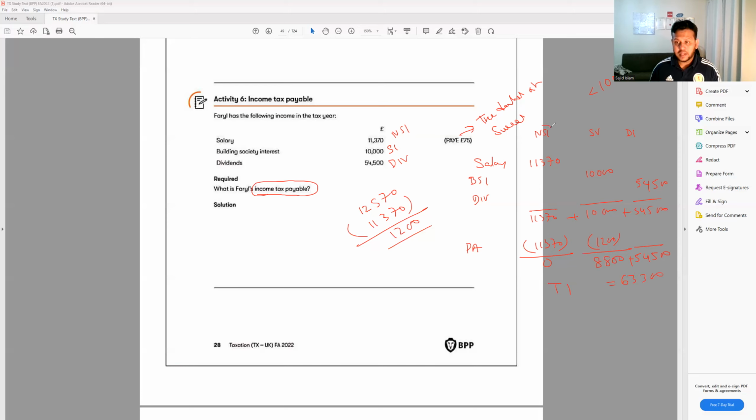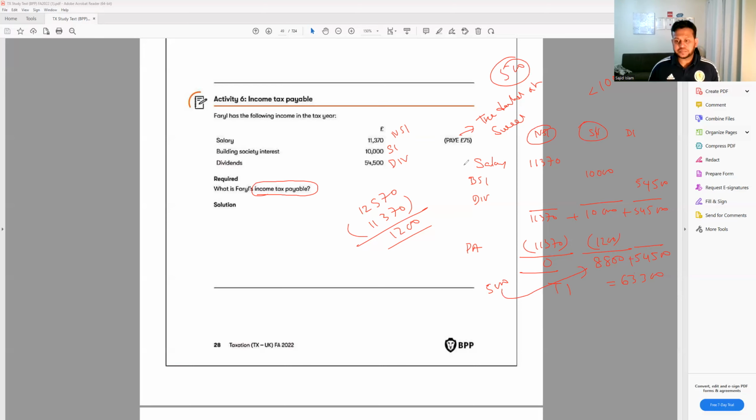As the non-savings income is 0, that means I still have 5,000 starting rate band, 0 rated for my savings income. And my total net income is less than 100,000, but more than 37,700. So I'm a higher rate taxpayer. That means I still get the 500 allowance for the savings income. So you need to remember that as well.